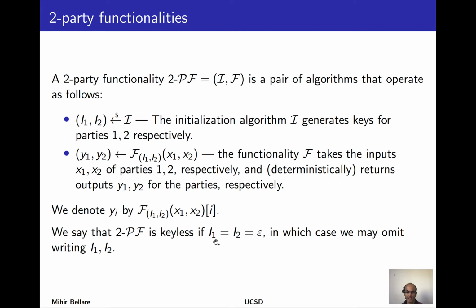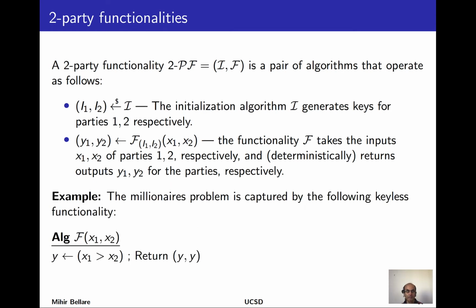And when they're absent, we'll refer to the functionality as keyless, and then we may just omit it as a subscript. As an example, we can write a functionality to capture the millionaire's problem like this. The functionality is keyless, so there's no subscript. It takes Alice and Bob's inputs x1, x2, and it simply computes the result, the Boolean whether x1 is more than x2, and returns that. Okay. So again, this is our goal description.